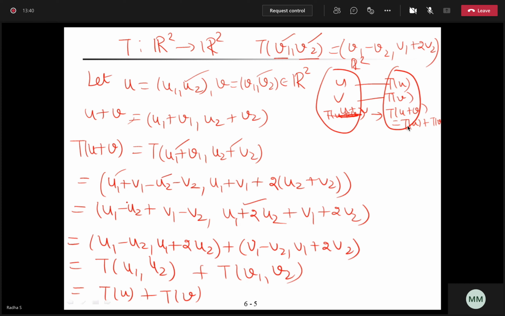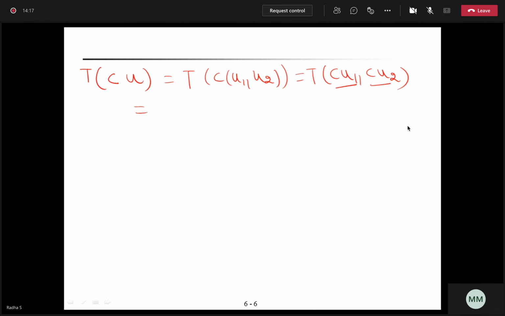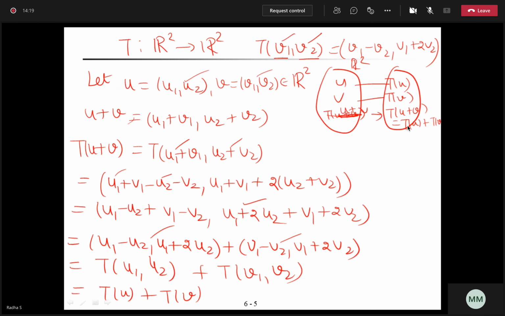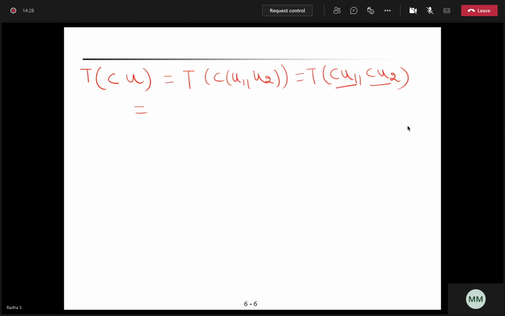So T of (x, y), according to the definition, is (x minus y, x plus 2y). Can you use the same thing here and tell me what is x here? It is (cu1 minus cu2, cu1 plus 2cu2). So from this I'll take c outside. Yes, it's possible, right?